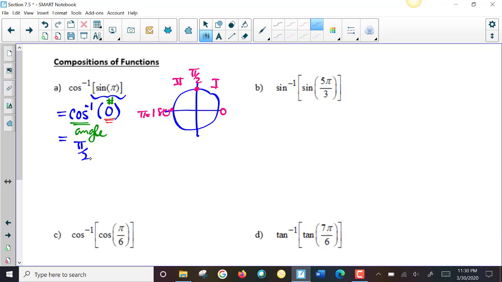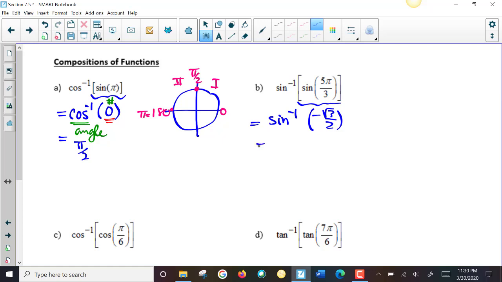All right, let's do this one. Sine of 5 pi over 3. So we're trying to find what is the sine of 5 pi over 3. What's the y coordinate of that point on the unit circle, which happens to be negative square root of 3 over 2. And then we're saying, what's the inverse sine of negative square root of 3 over 2?